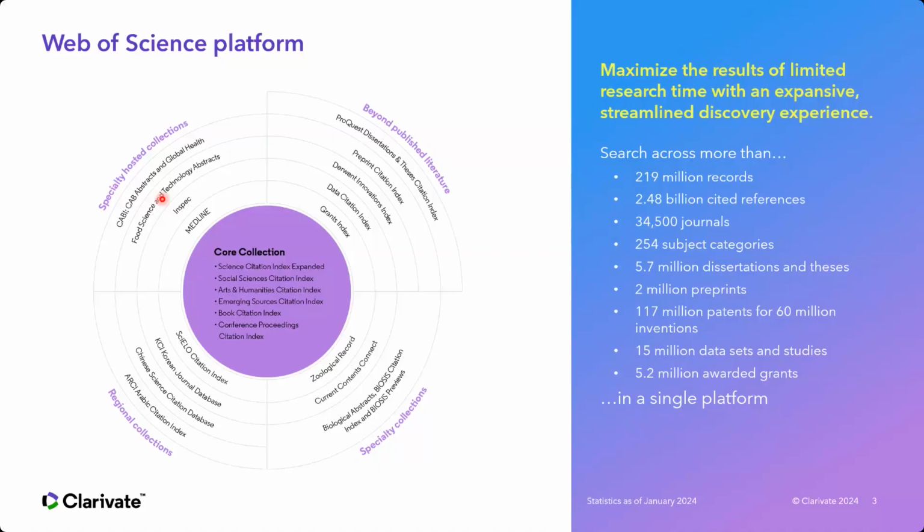But as a start, I think at the heart of the Web of Science, when you start your subscription, you will always have the core collection. So that will be my main focus for today's session. So what is the core collection?